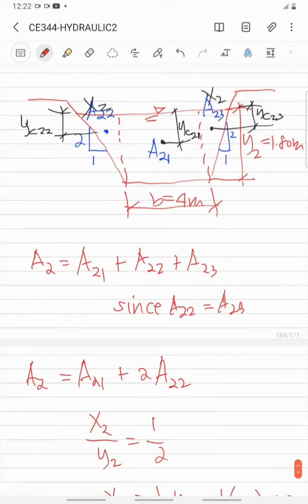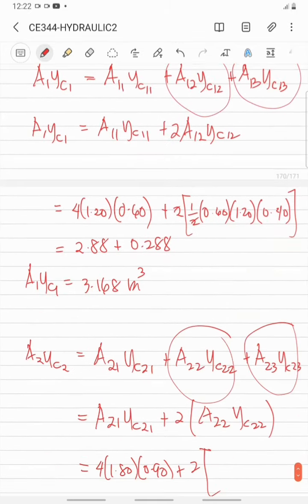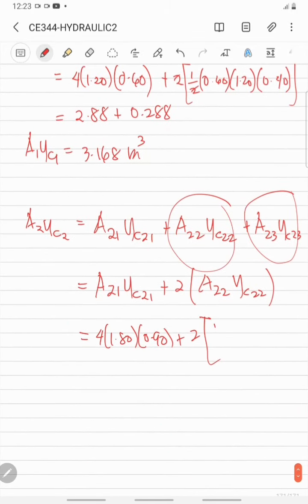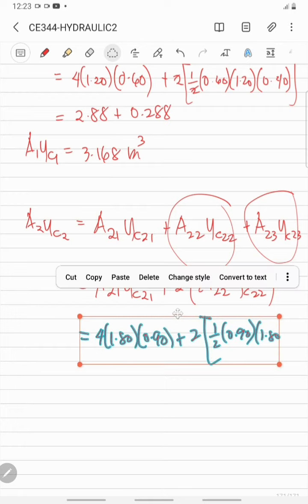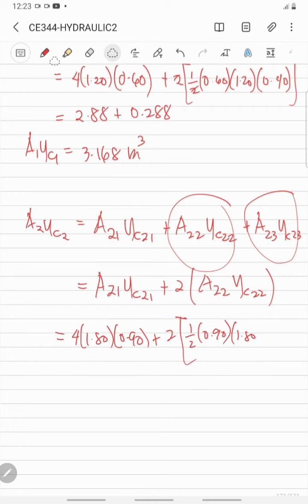Your x2 is 0.9, and the depth of flow is 1.8. The location of the centroid from the water surface is equal to 1/3 of the depth, so that is 1.8 divided by 3, and that is 0.6.